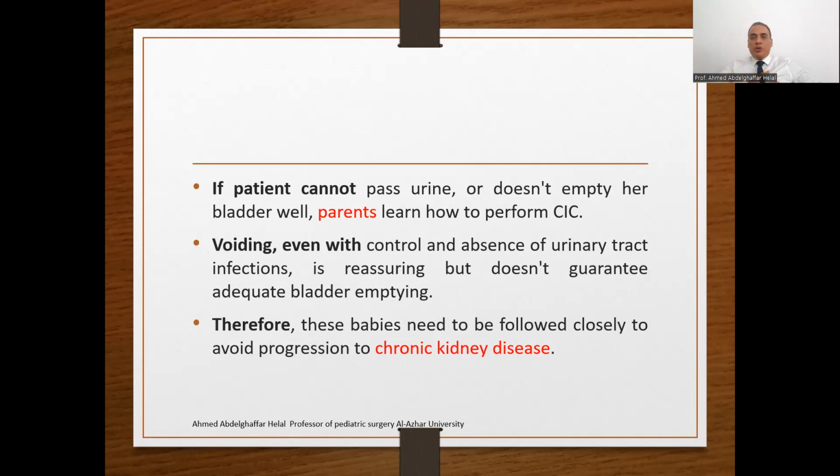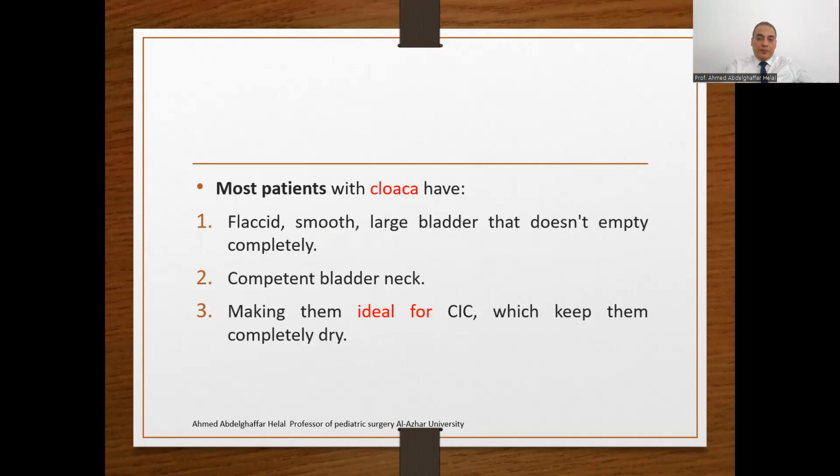Perform an ultrasound, so if there is residual urine, you must ensure adequate bladder emptying to avoid progression of urinary tract infections and chronic kidney disease. Most babies with cloacal malformations have a flaccid, smooth, and large bladder that doesn't empty completely.